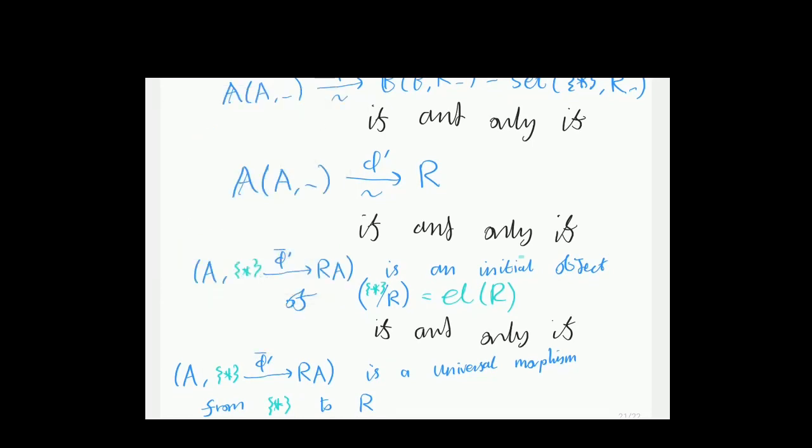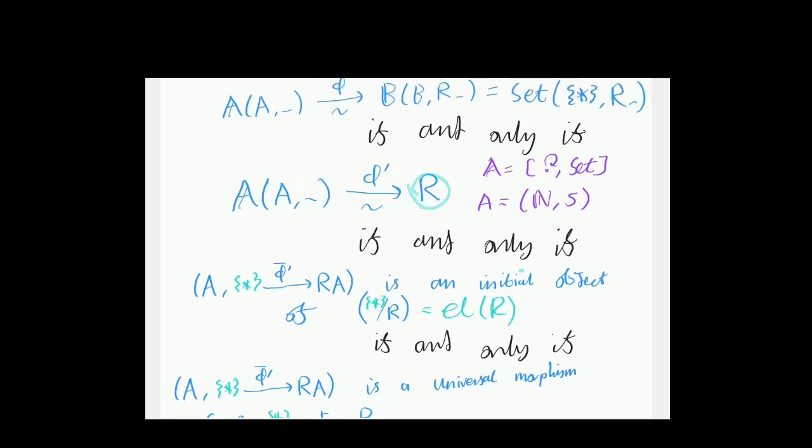So what happens then in the particular case that we've been looking at? In other words, what happens when scripty A is our category of dynamical systems, and capital A is our dynamical system of natural numbers? Well, in this case, R is this forgetful functor. We know that it's representable. We know that it's represented by this dynamical system of natural numbers.